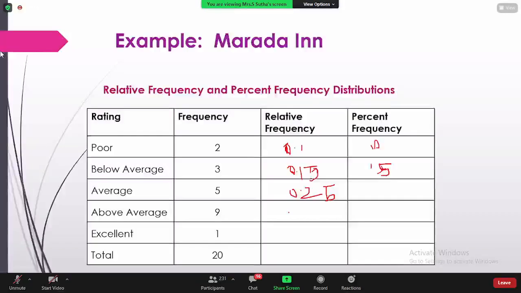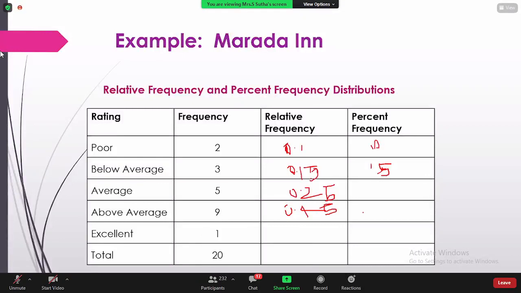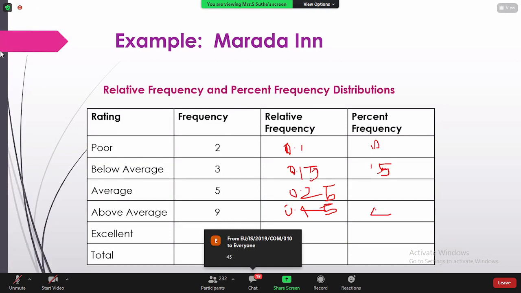Then the relative frequency for above average? 0.45. Right, 0.45. And the percent frequency? 45. Then for excellent, relative frequency? 0.05.